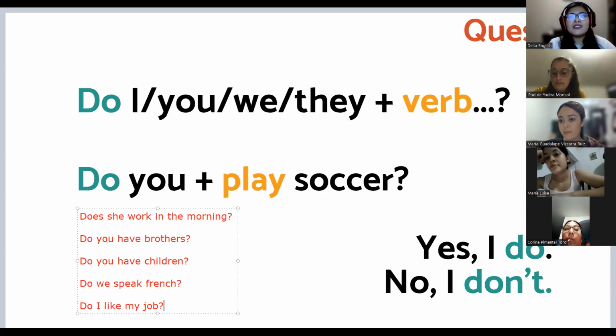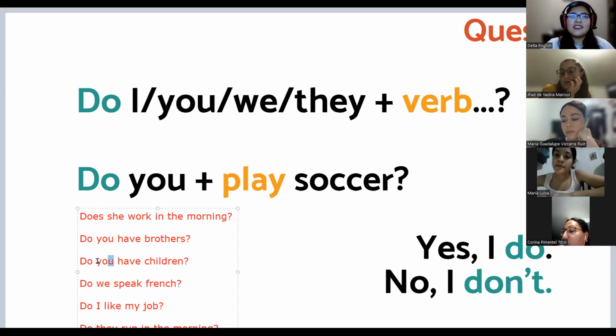Do you have brothers? Do we speak French? Do they speak? Well, do they run in the morning? I don't know. Any verb that you want. And the only thing we change is the subject. La estructura es exactamente igual.